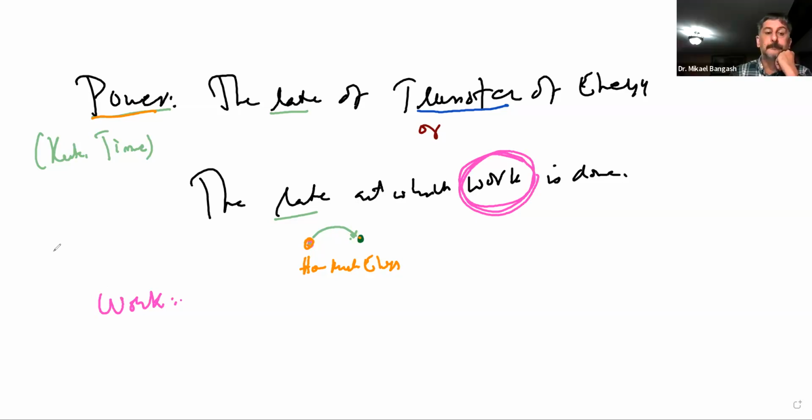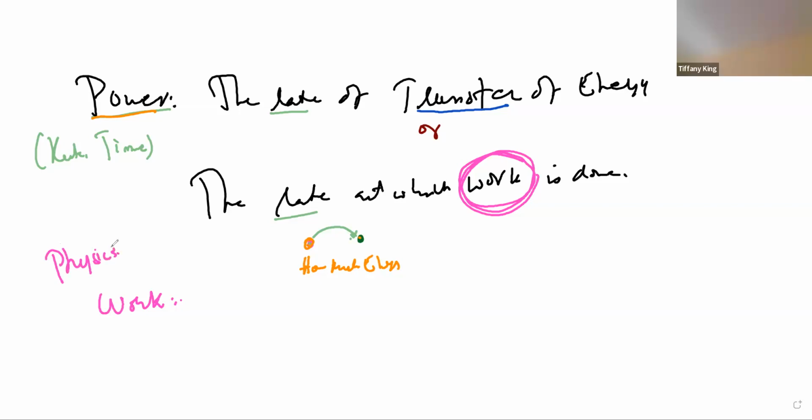Or what is the definition of work? I'm going to take a guess and say how much energy and force is produced. No, okay.